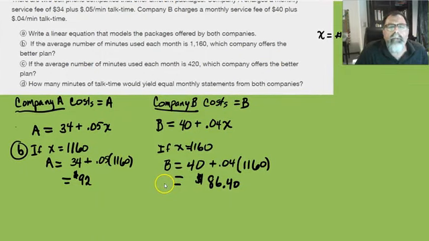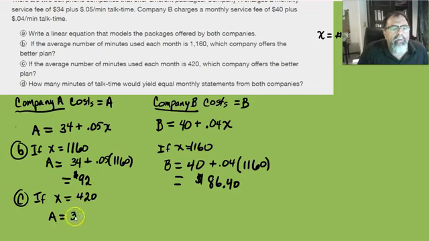Okay, so we'll do C. If x is 420, A is going to be equal to 34 plus 0.05 times 420, which works out to $55.